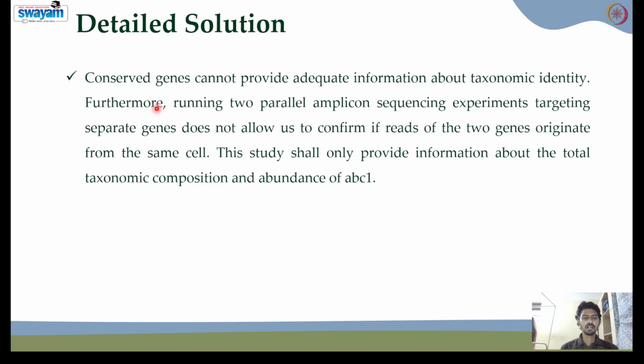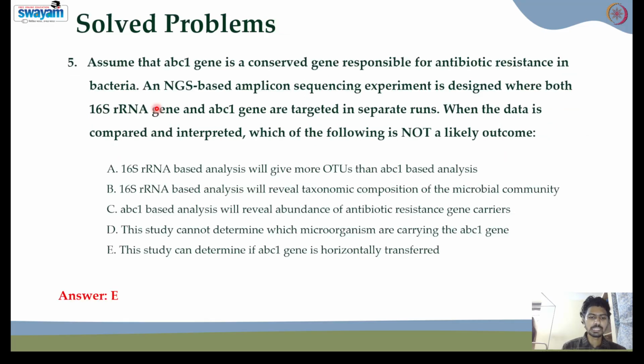That is why this study shall only provide information about the total taxonomic composition and the abundance of ABC1, not the horizontal transfer. So this is why option E is false, that is, it is not a likely outcome.